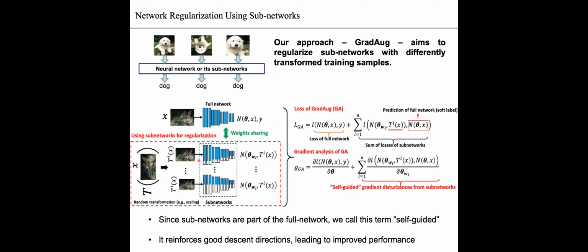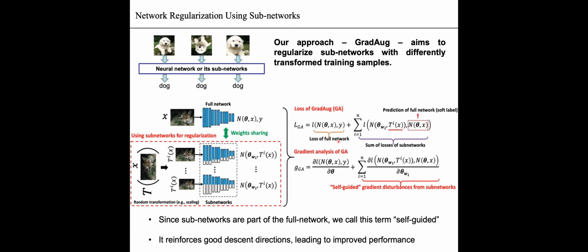This subnetwork will be given different augmented images with different augmentations. You can do resolution scaling, rotation, add in noise, or maybe a combination of these different transformations, and send these inputs to the subnetworks. And the weights will be shared among the subnetworks as well as the full network.